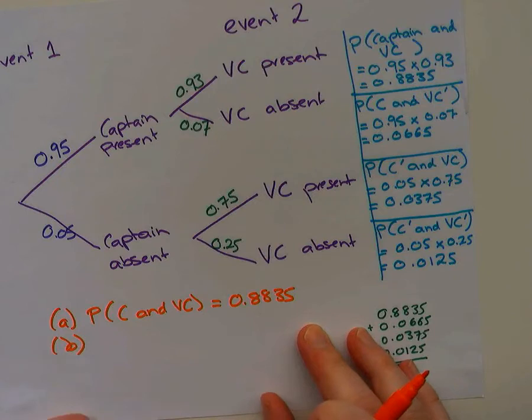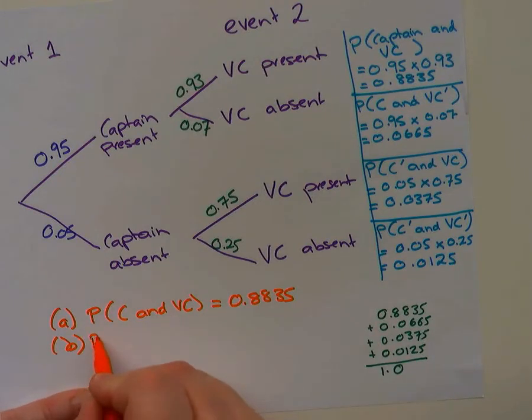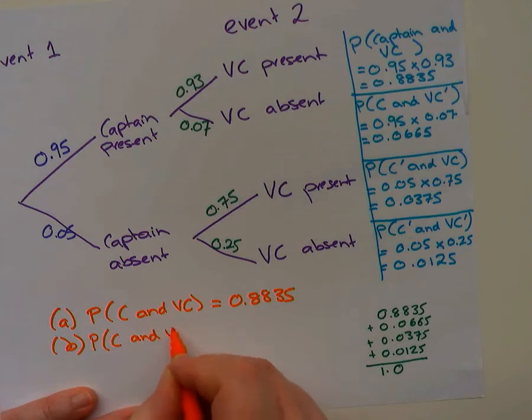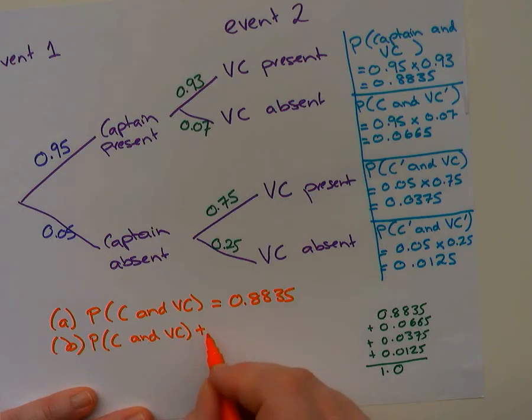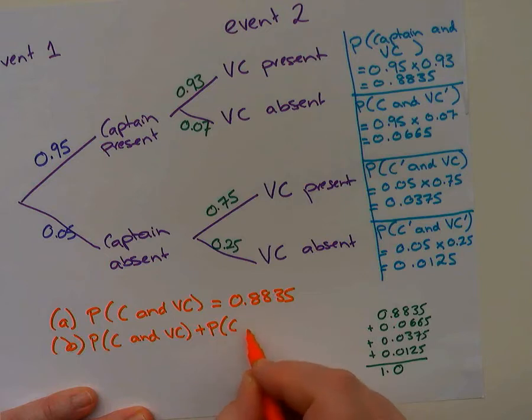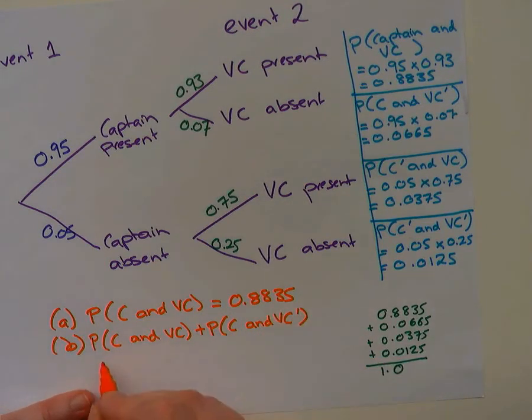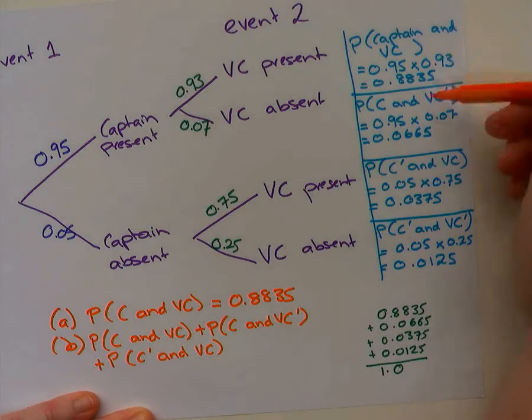So let's think about, well, what does that mean? So that means I could have the probability that the captain is there and the vice captain are there. Or, remember, or means plus, I could have the probability that the captain is present and the vice captain is not present, or I could have the probability that the captain is not present, but the vice captain is present. Okay, so those are the three possible combinations, 1, 2, 3.